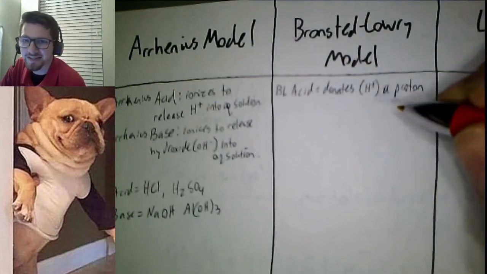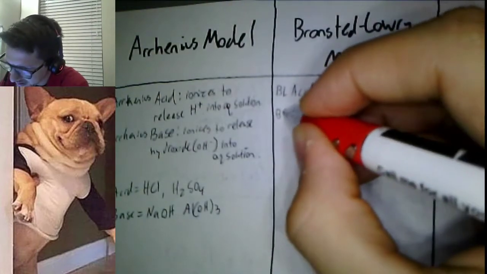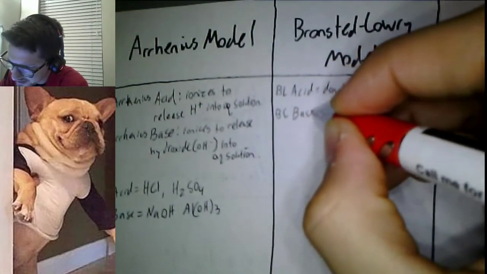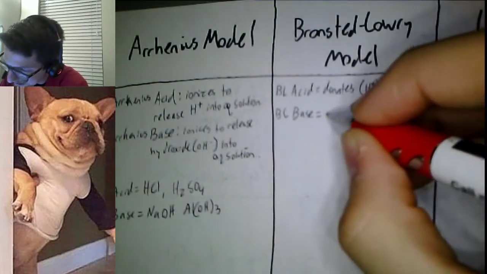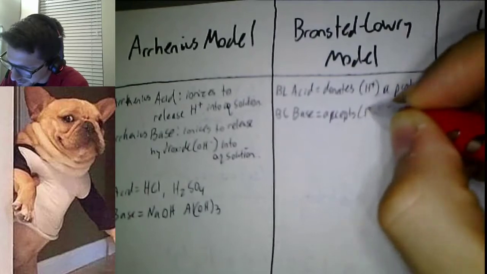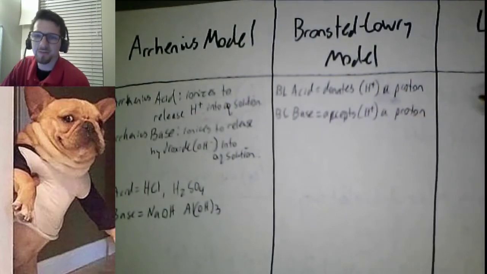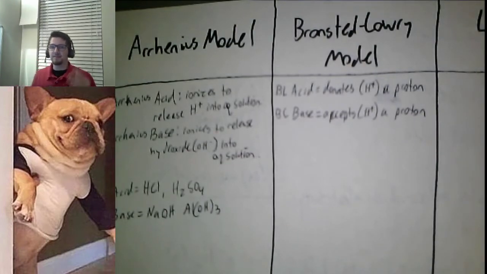So a Bronsted-Lowry acid is one that donates a proton or a hydrogen. A Bronsted-Lowry base is one that accepts a proton. In other words, the Bronsted-Lowry model sees the acid as one that gives an H and the base one that takes an H.